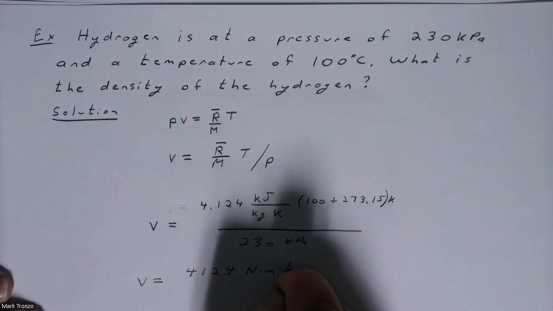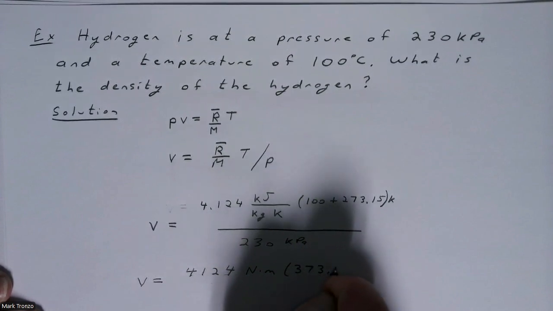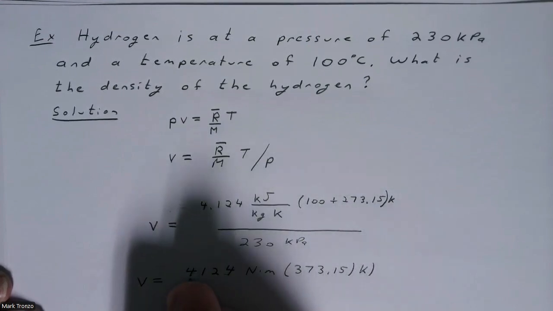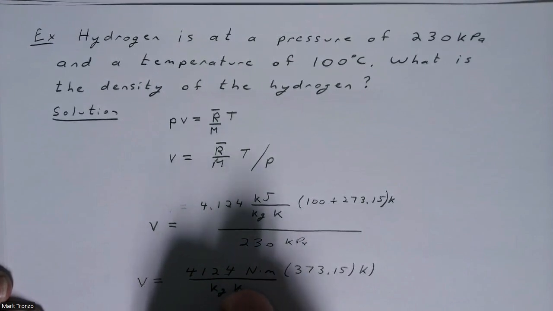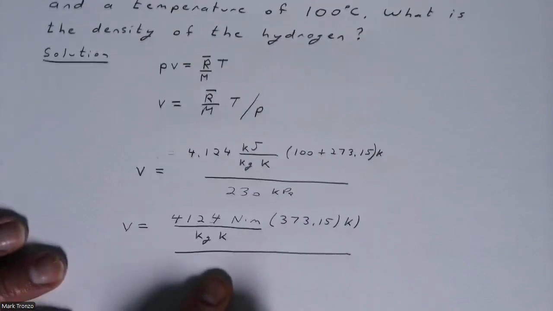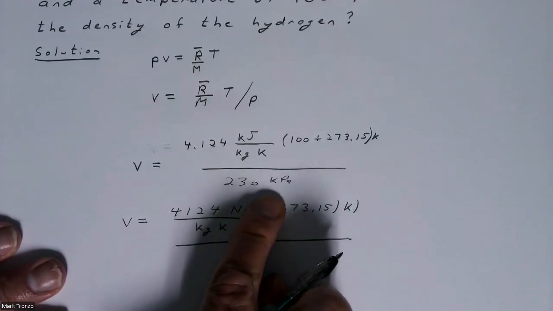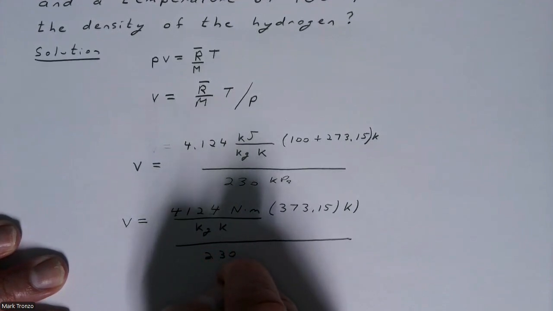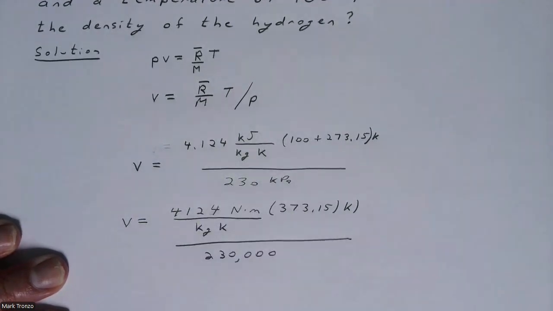And then over here we have 373.15 K. And in the denominator, remember, 230 kPa, that's 230,000 pascals.